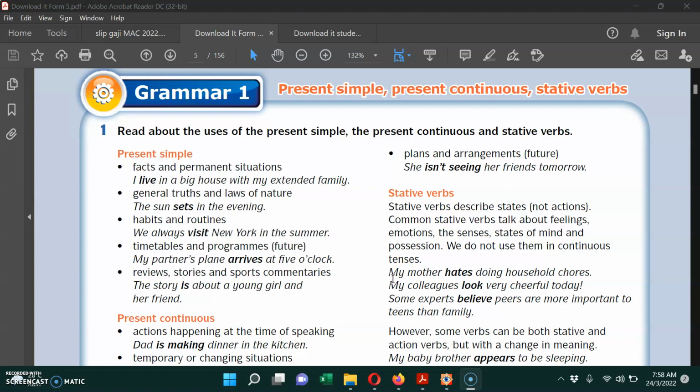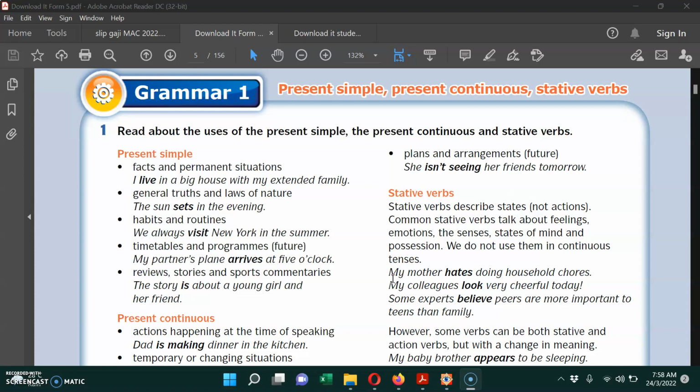Okay. Second one, general truth and laws of nature. Maksudnya, kebenaran umum dan hukum alam. Contoh ayat, the sun sets in the evening. Matahari terbenam di sebelah petang.